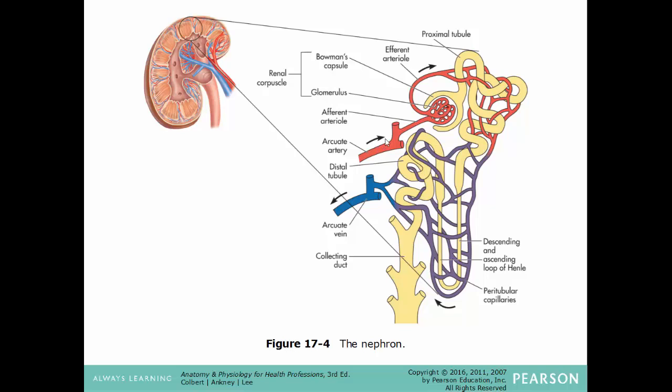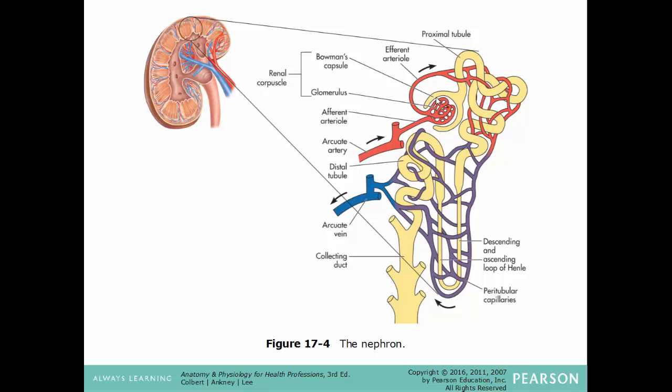So you have blood flowing into the glomerulus through the afferent arteriole. It is arriving at that structure. So blood will get squeezed through here. If it's filtered, it'll be caught by this structure, the Bowman's capsule. Looks kind of like a catcher's mitt.